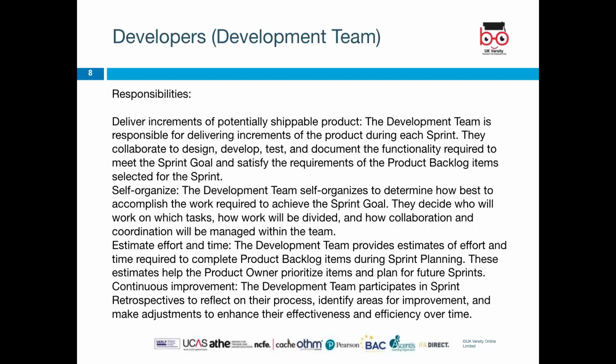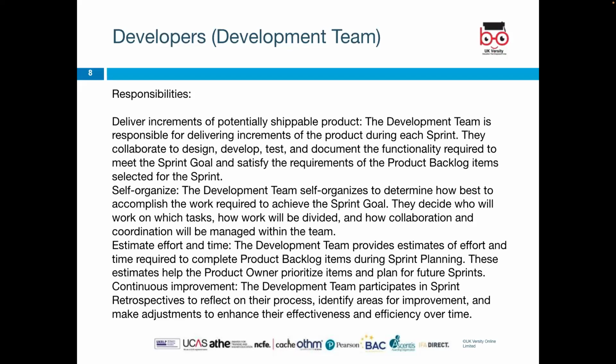So the developer, what are the responsibilities of the developer? They deliver increments of potentially shippable products. They are responsible for delivering increments of the product during each sprint. They self-organize. The development team self-organizes to determine how best to accomplish the work required to achieve sprint goals. They estimate effort and time.